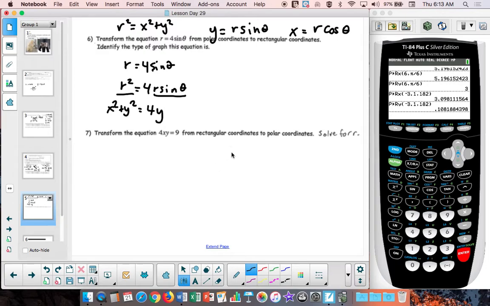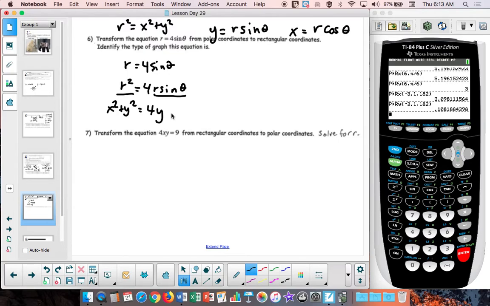Now, you might not be able to recognize it from here, but it wants us to identify the type of graph. And you guessed it, we're going to get into this later, but we have conic sections, which there are 4 different types of conics that we'll talk about. 3 that we'll talk about at greater lengths because they're more interesting.